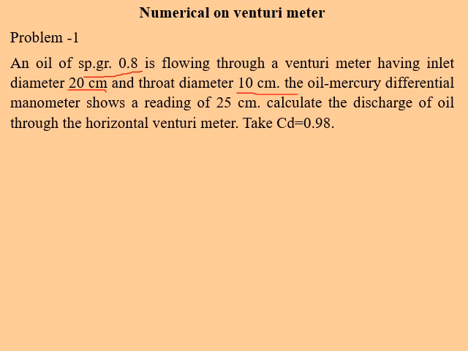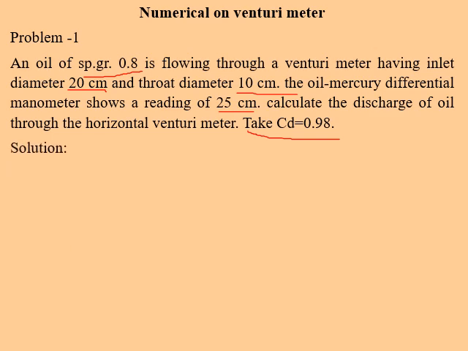The oil mercury differential manometer shows a reading of 25 cm. That means the difference in mercury level in the U-tube manometer, that is X, is equals to 25 cm. So now calculate the discharge of oil through the venturimeter. Take the coefficient of discharge as 0.98.